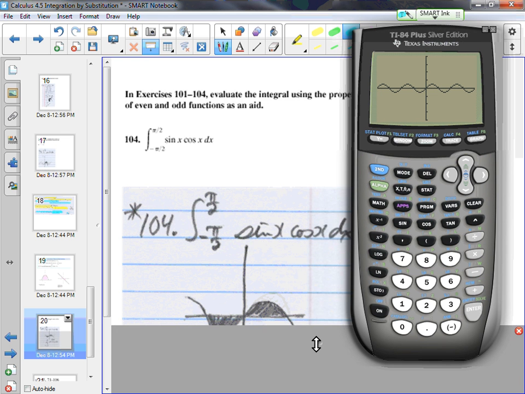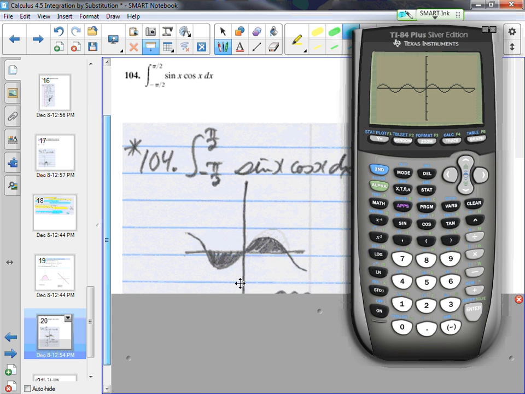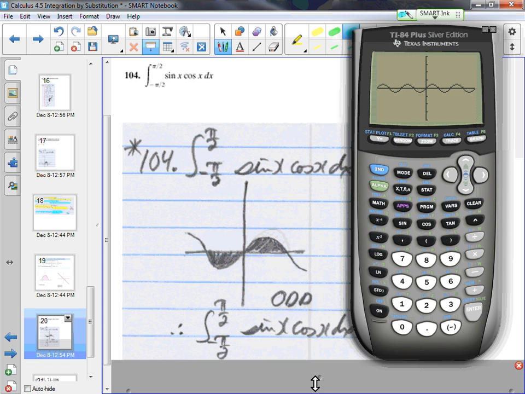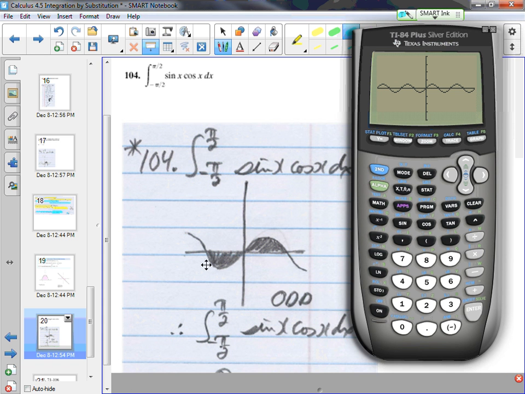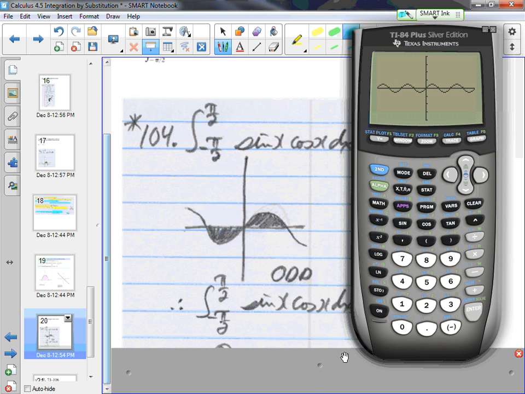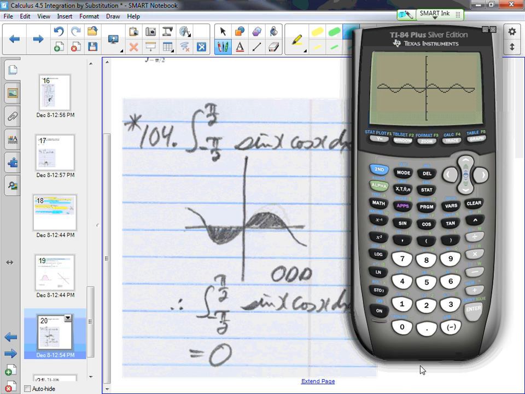So once we've recognized that it's an odd function, we don't really have anything else to do other than to say that the integral is 0 because it's an odd function. Now, if it were me and I had my calculator handy and this was a question on the test, I'd probably go ahead and evaluate it anyway just to be sure.